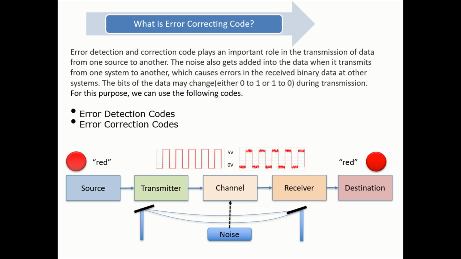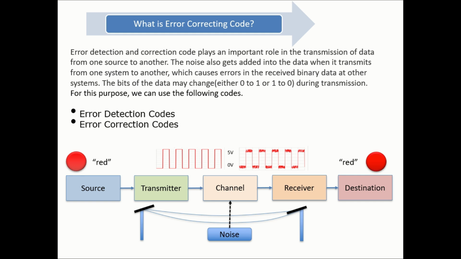Okay, so now error correction and error detection play an important role in transmission of data from one source to another. Noise also gets added into the data when it's transmitted from one system to another system. That can be your mobile communication system, or the devices which you are using to store the data, to scan the data, or to transmit the data.